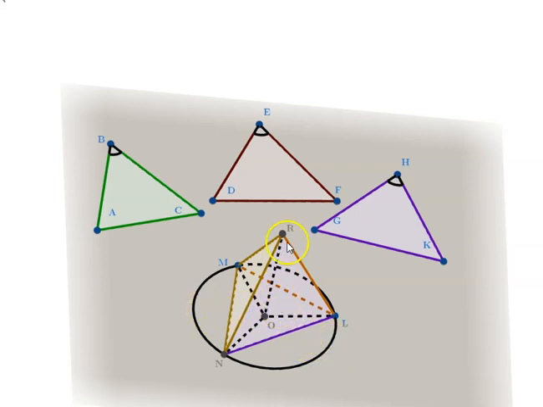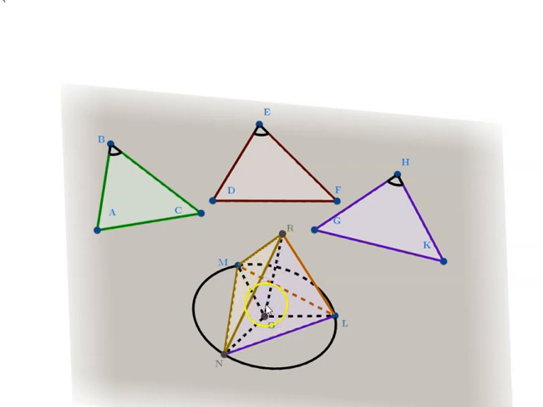Now RO is perpendicular to the plane of LMN, and LO is equal to MO. OR is common.